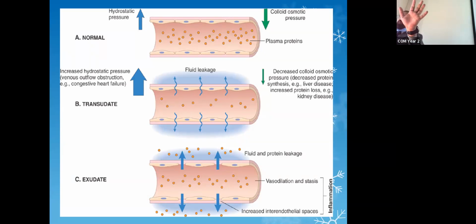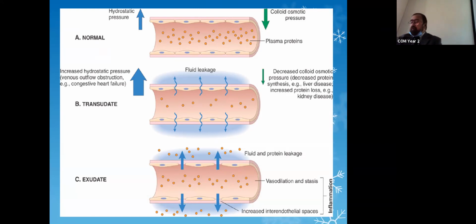I'm just giving an example. Only 1 cc of blood is going out, and then 1 cc is coming back. But in increased hydrostatic pressure, probably 2 or 3 cc is going out, but at the venular end only 1 cc is coming back. The remaining 2 cc is in the interstitial tissue, right?